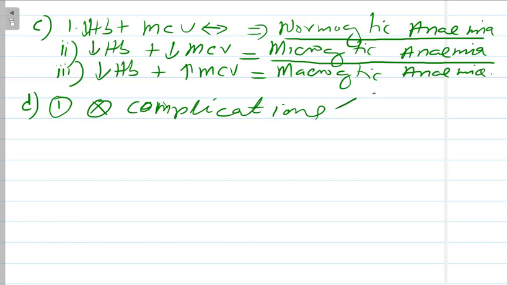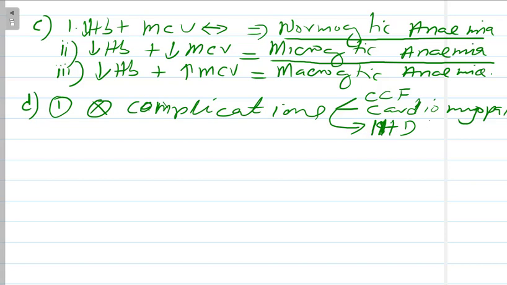Number one, congestive cardiac failure. We may have cardiomyopathy. We may have ischemic heart disease. So there we can either write myocardial infarction, we can write angina.